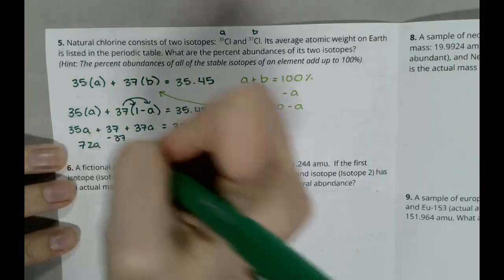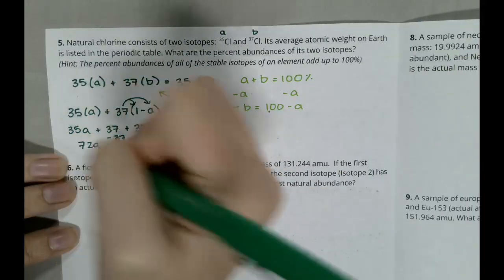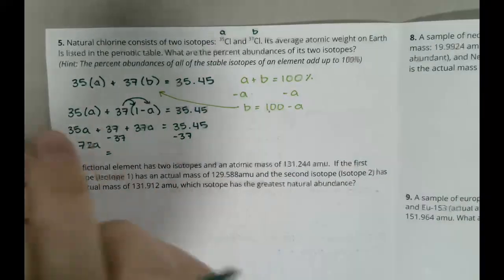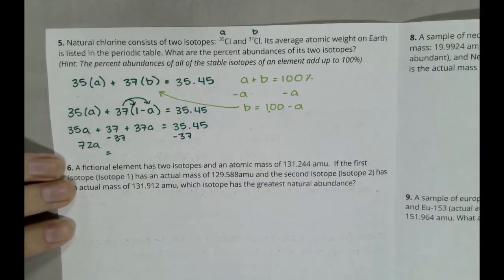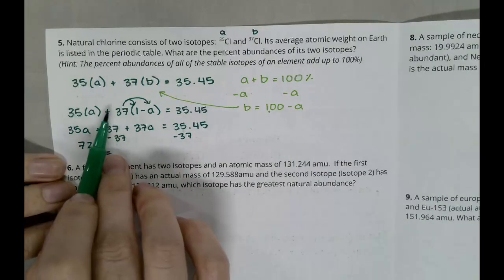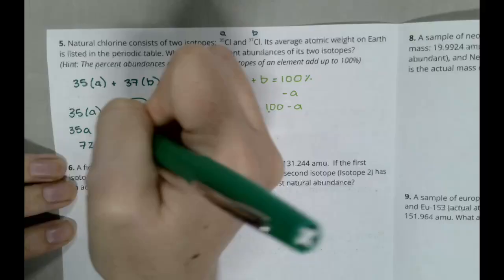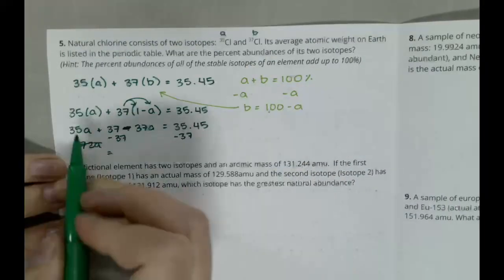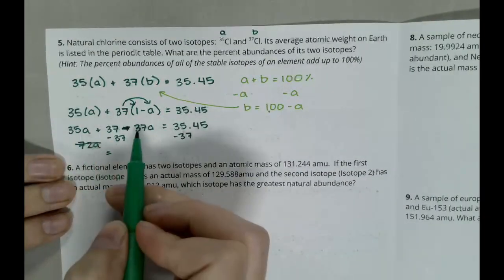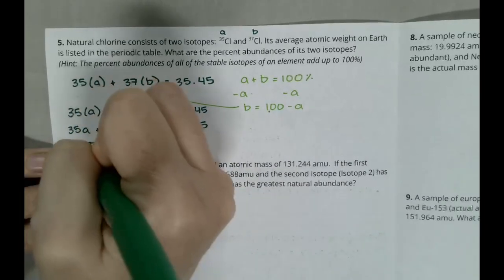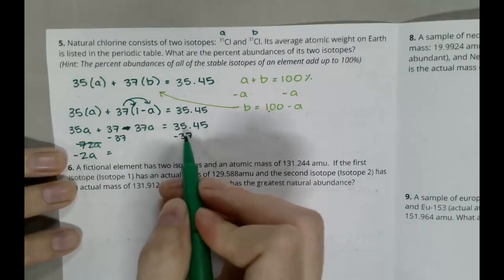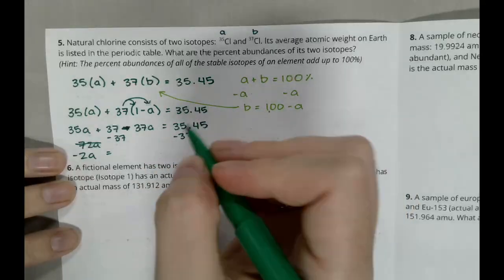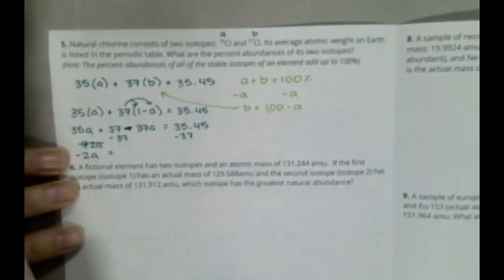So now I've got 72A is equal to, yikes, this is ugly math. 72A is equal to, wait, that shouldn't have been negative. Did I make a mistake here? I did make a mistake. Did you catch it? When I distributed this, this should have been minus 37A. So this shouldn't be 72. 35A minus 37A is going to be negative 2A. And then when we subtract 37 from both sides, that's why this side is negative.